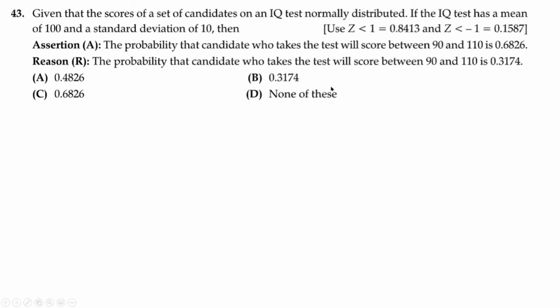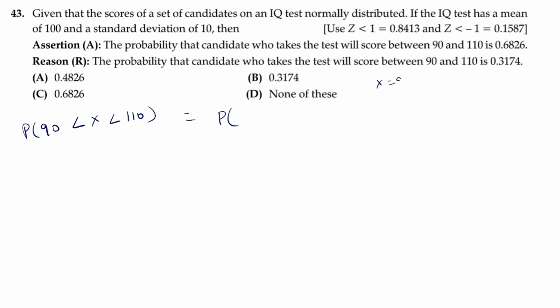Or the probability is 0.3174. So we need to find the probability that a candidate who takes this test will score between 90 and 110. So probability of 90 less than x less than 110.